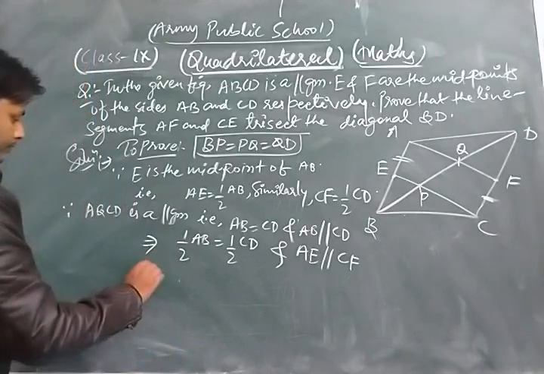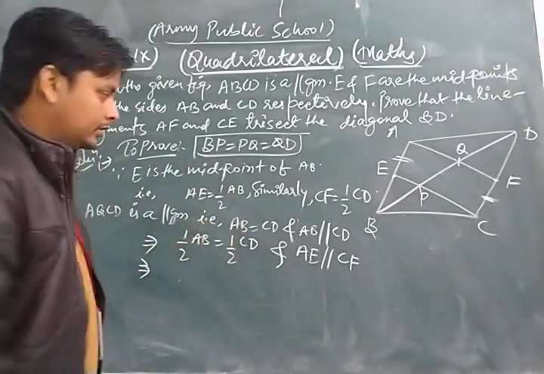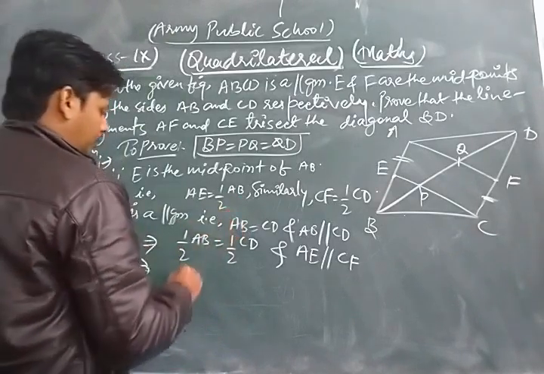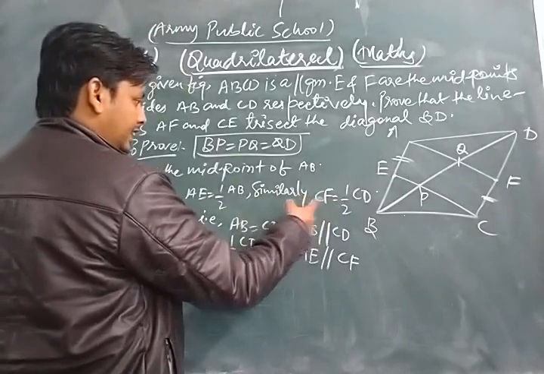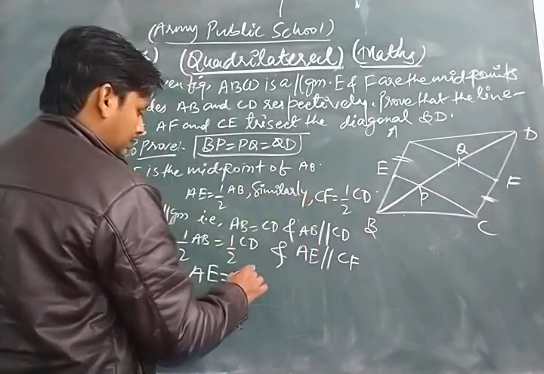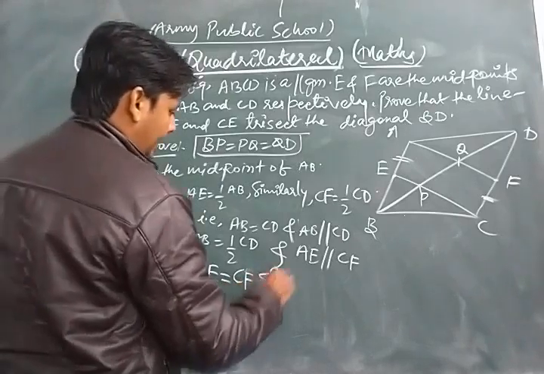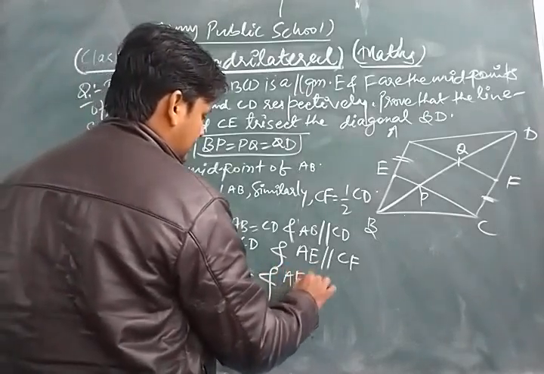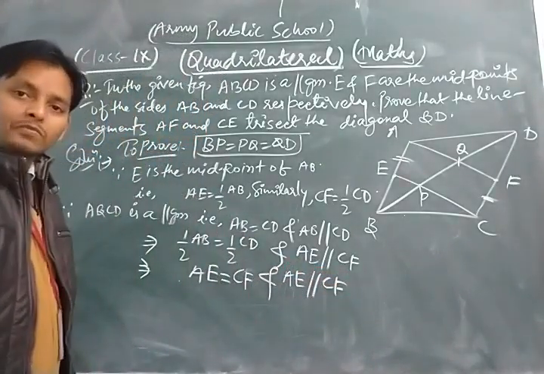Now, using the above relation, half of AB is equal to AE and half of CD is equal to CF. So AE is equal to CF as well as AE parallel to CF.